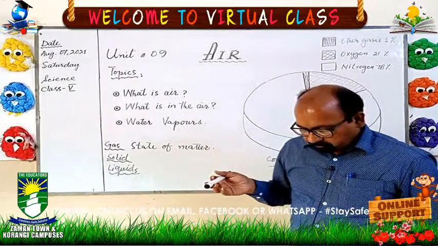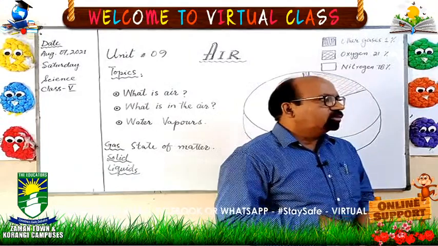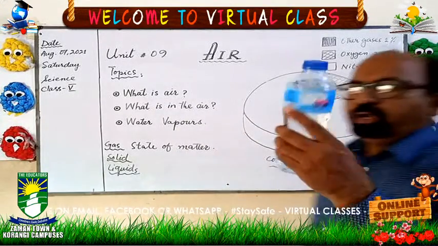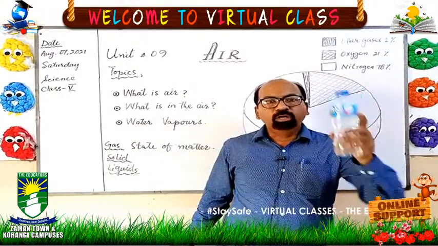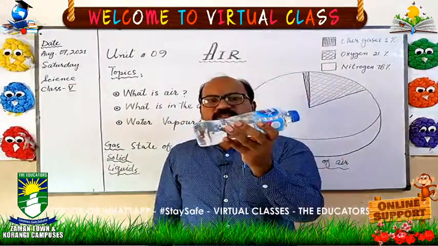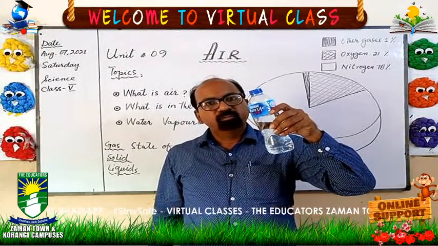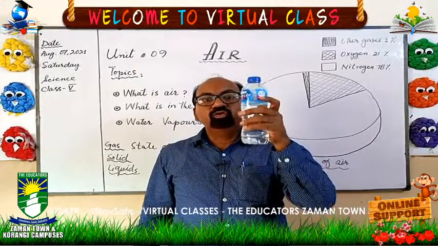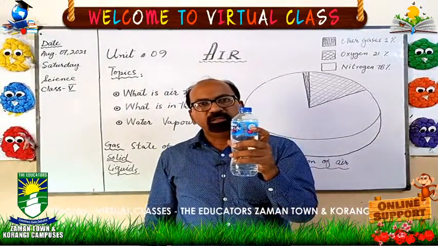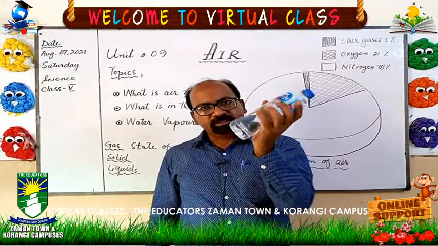And if we talk about liquid things, take a water bottle. The water bottle itself is solid, but what is inside it is liquid. So these are two states of matter, solid and liquid. The bottle opener and cover are solid.